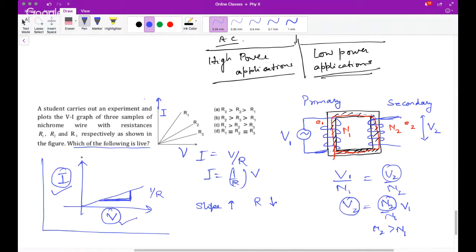The response is always plotted on the y-axis and the cause on the x-axis, like input and output. So the higher the slope, the lower R will be. R1 is the least resistance, so this option should be correct.